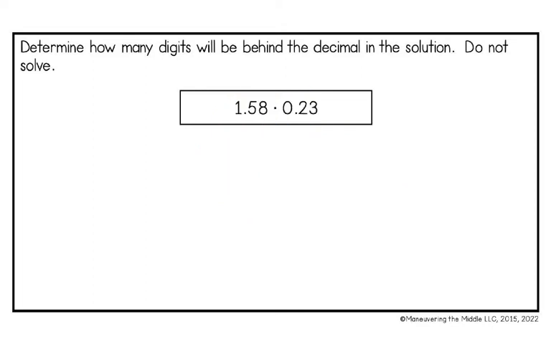Next, we have 1.58 times 0.23. So we're going to look at 1.58 first. We're going to see how many digits are behind that decimal, and there are 2. Now we're going to look at 0.23, how many digits are behind that decimal, and there are 2.